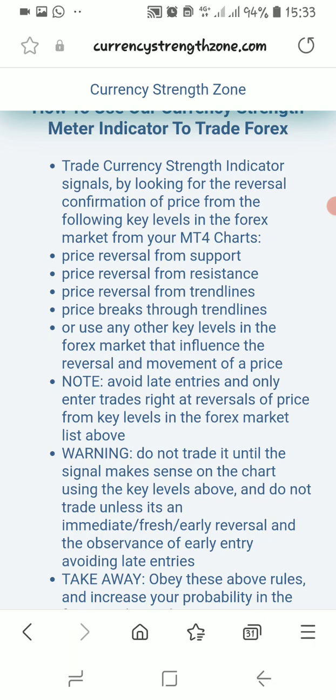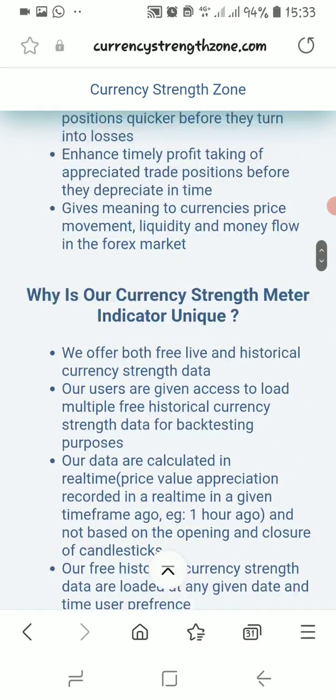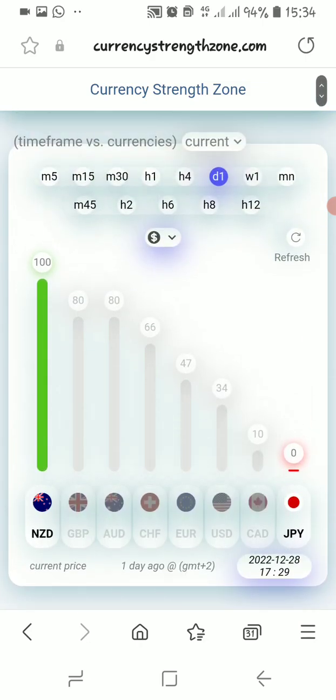Price reversal from resistance, you could go into a sell trade. And if there's a price reversal from trend lines, or price breaks through a trend line, it could be a confirmation for the currency strength indication.